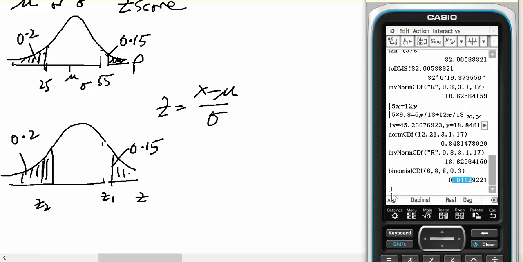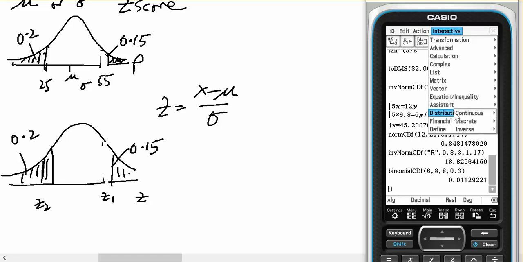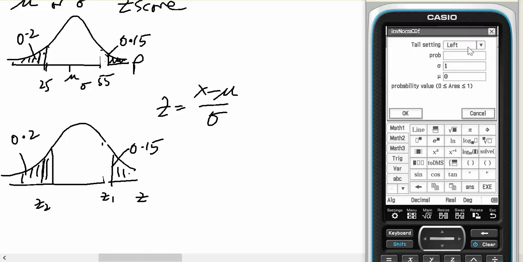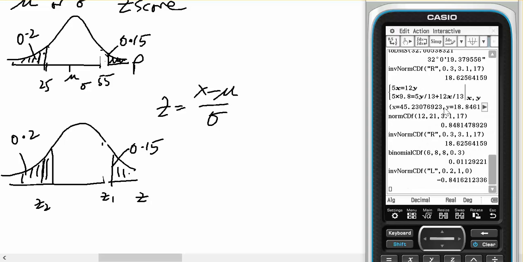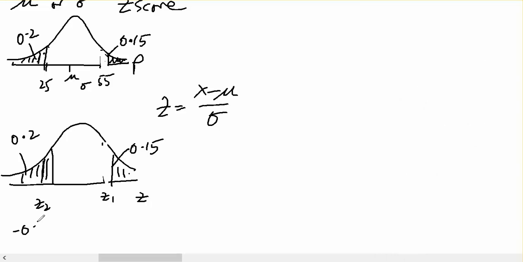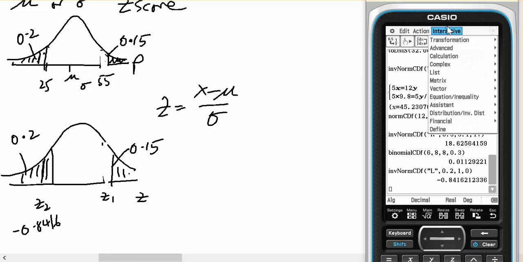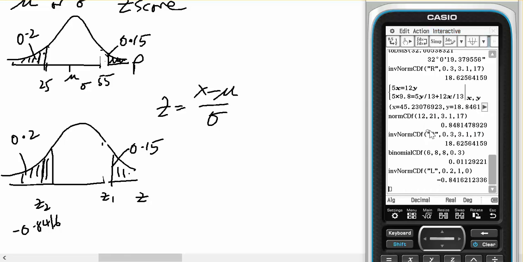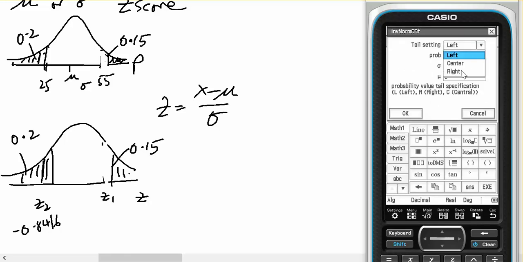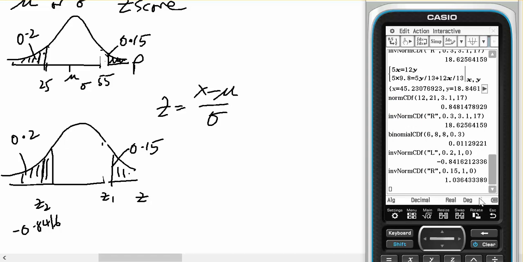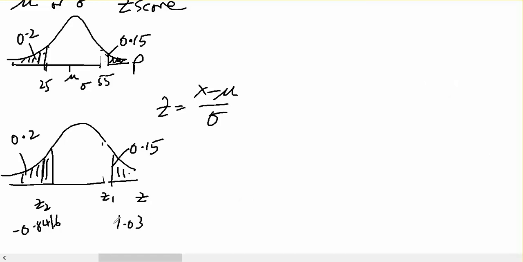So on my calculator, I'm interested in the inverse normal for a left tail of 0.2 and go okay, and that gives me a z-score of negative 0.8416. And I'm interested in an inverse normal right tail to be 0.15. And that gives me a z-score of 1.03.